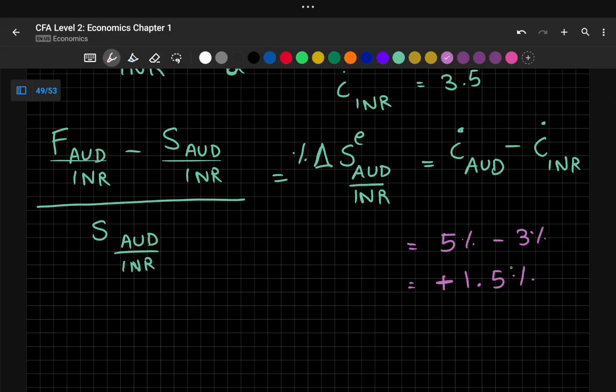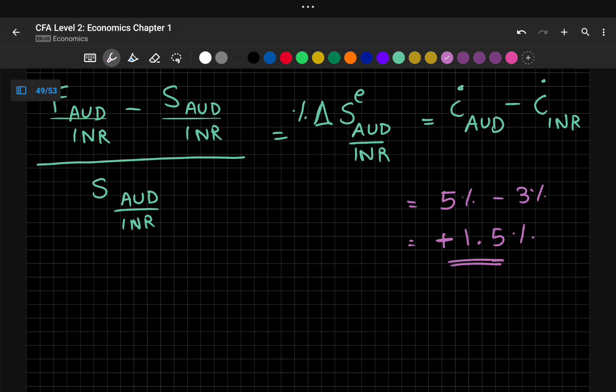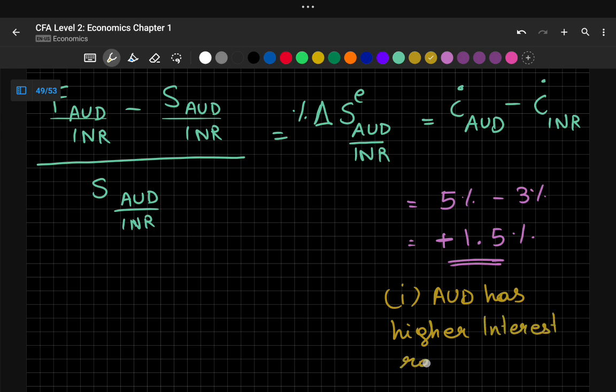What do we understand from this plus 1.5%? First point, on this side, it would mean AUD has a higher interest rate. 5% is greater than 3.5%, right? So AUD has a higher interest rate by 1.5%.